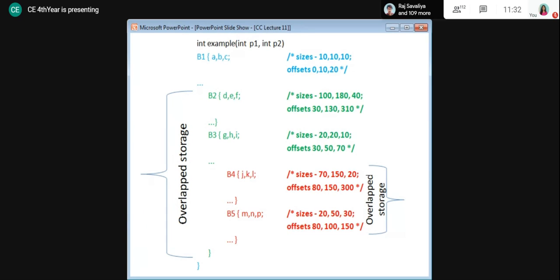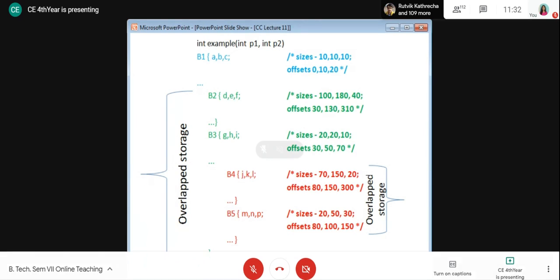Whenever we are calling this procedure example, we may be calling it in a sequence of blocks that are being accessed, and they can be in this order. It can be B1, B2, then it could be B1, B3, B4, or it could be B1, B3, B5, or it may be simply B1, B3, not going into any of these blocks and simply terminating.